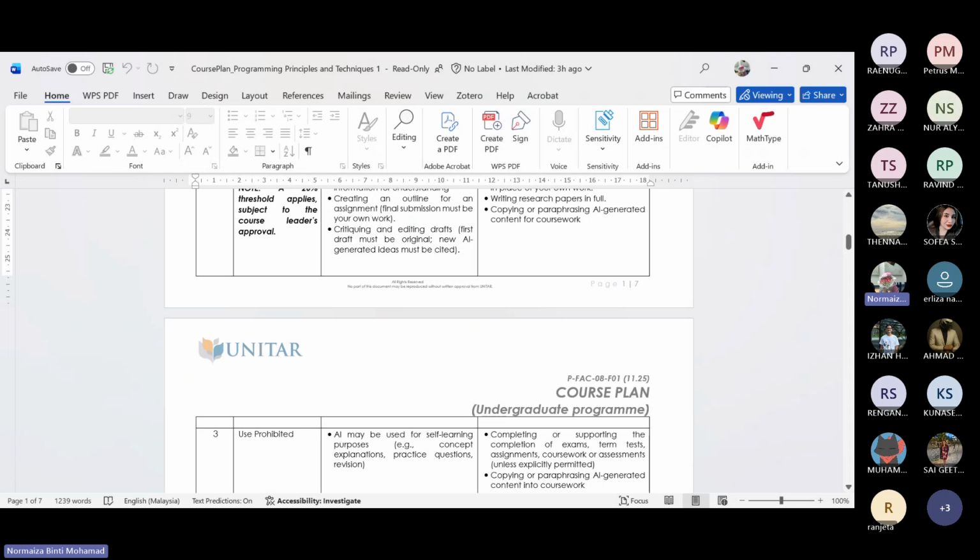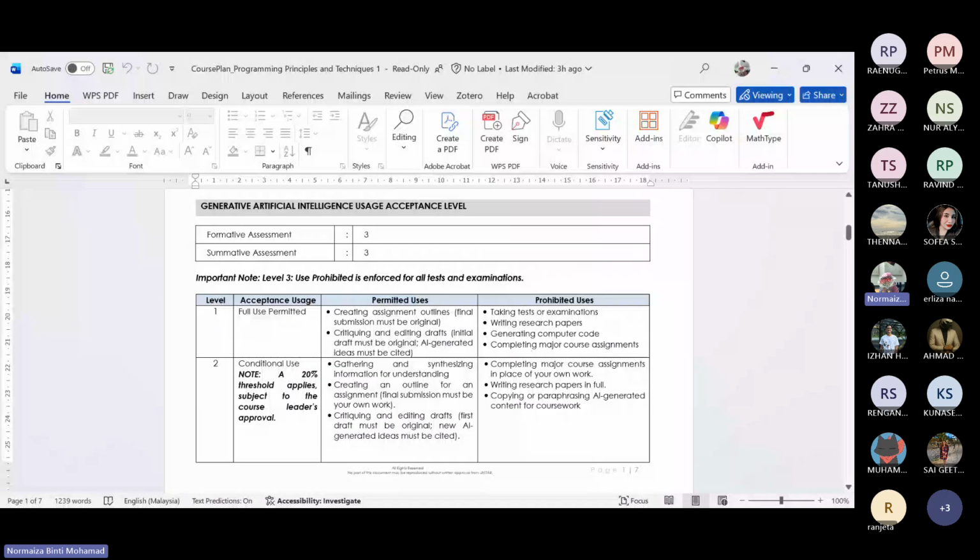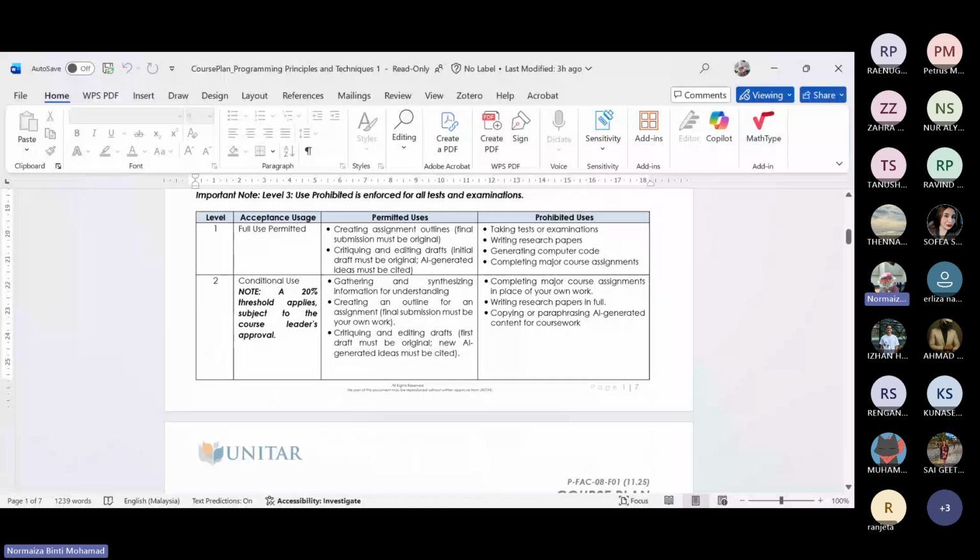And then it has also stated that for some formative assessment, that means your assignment, it's also free, that means you are also permitted to use AI for your assignment. It's been stated by the course leader.